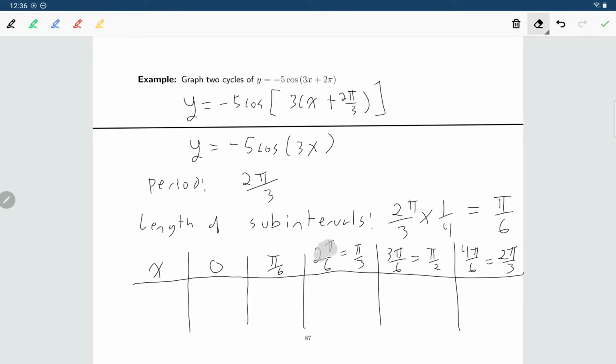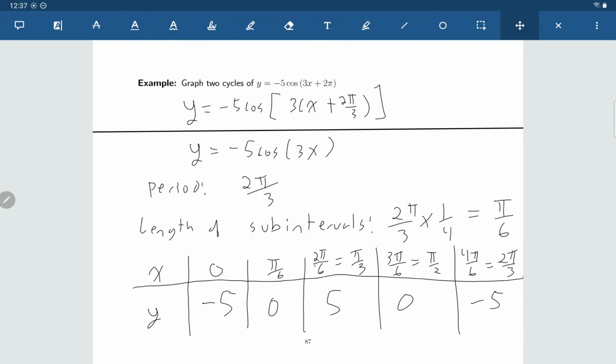So now I've got all of my x values for my basic function. And now I can put in all the y values. For cosine, we start with that coefficient. So negative 5, then 0, then the opposite of it, then back to 0, then back to negative 5.